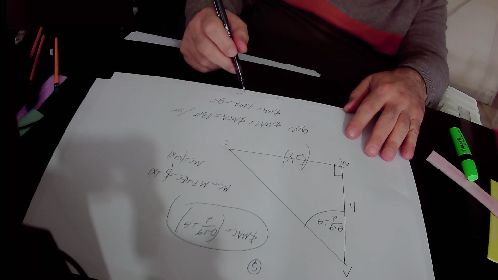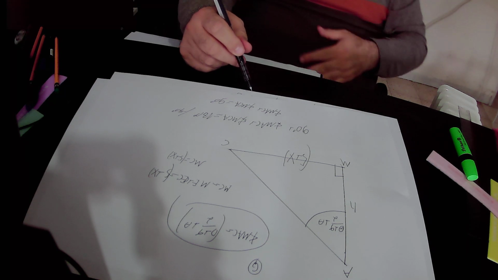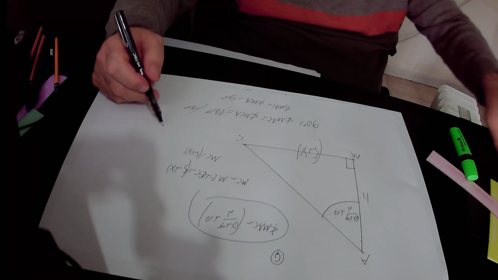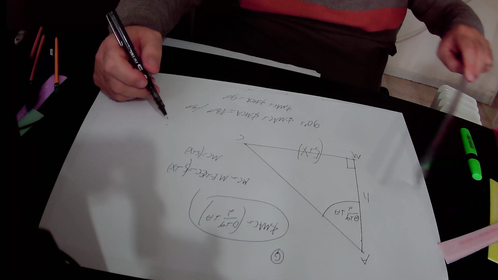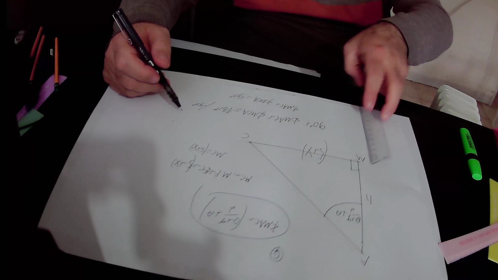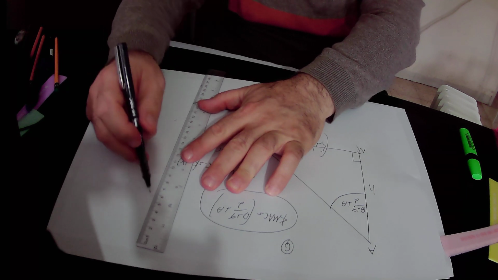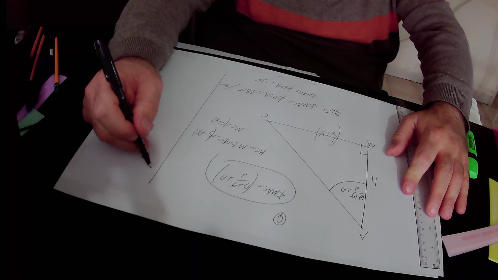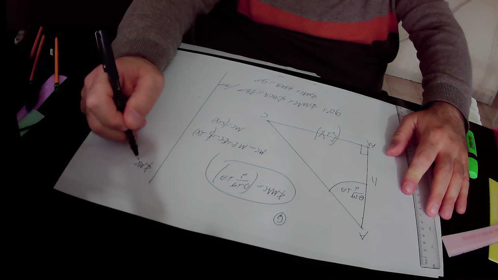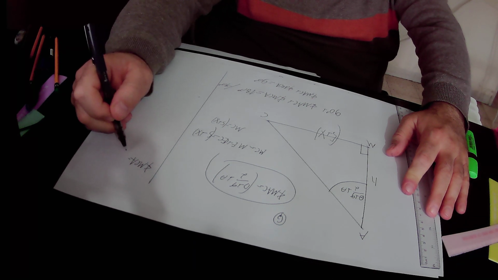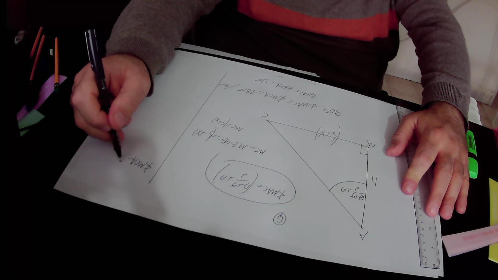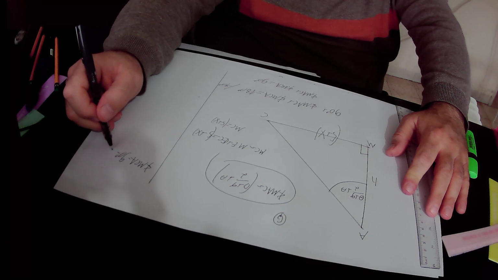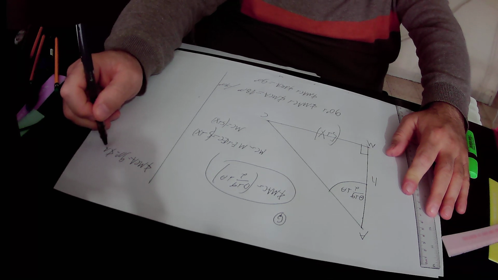We'll subtract angle MAC from this equation, and we'll get that the value of angle MCA, the angle that we are looking for, equals 90 degrees minus the value of angle MAC.